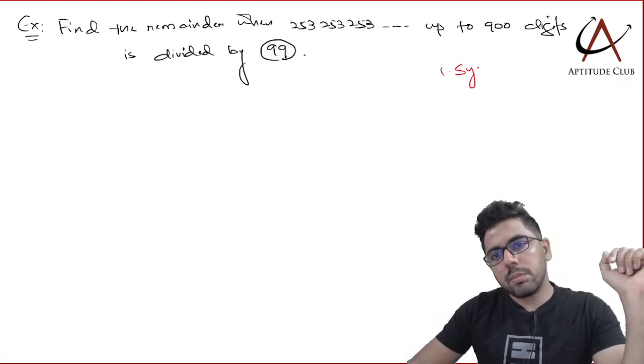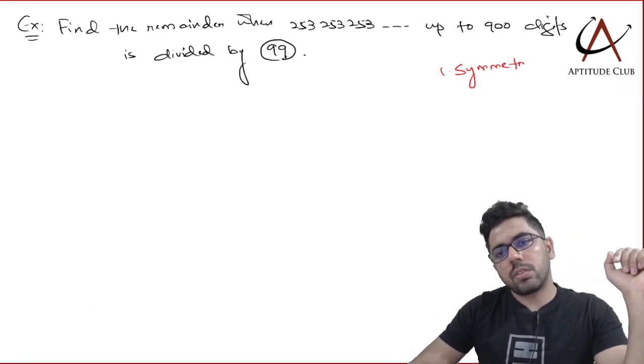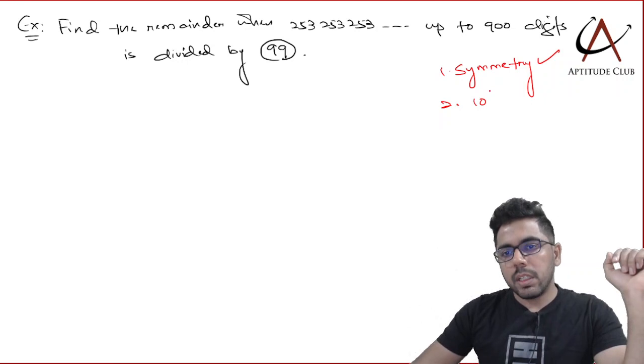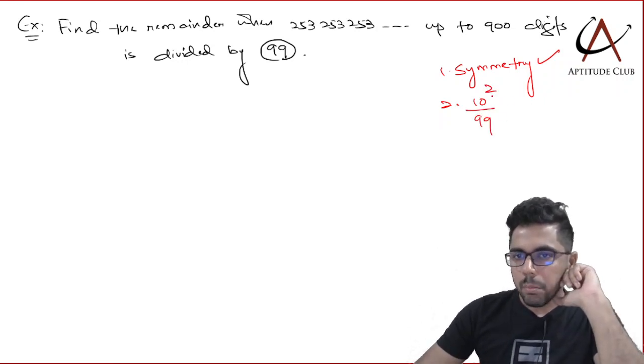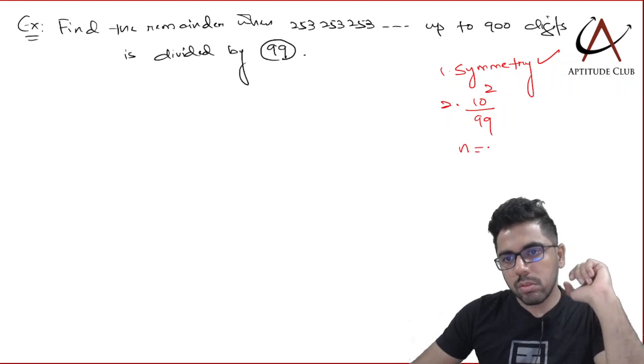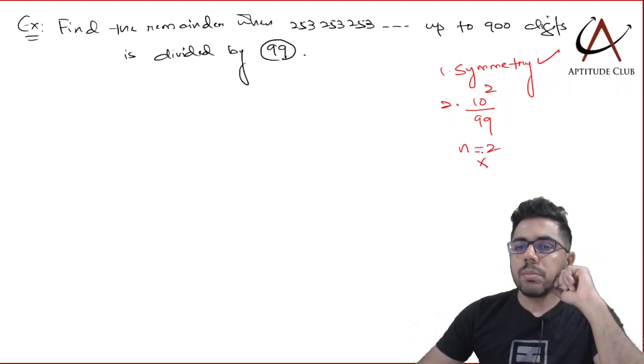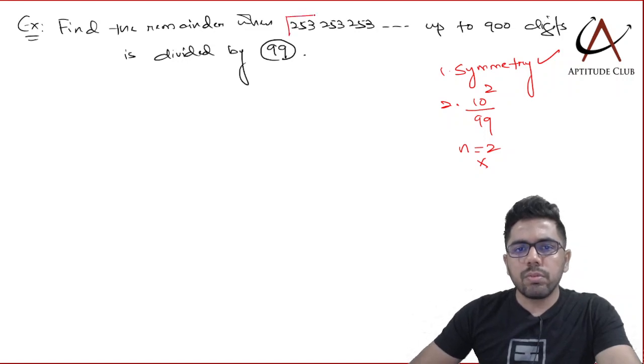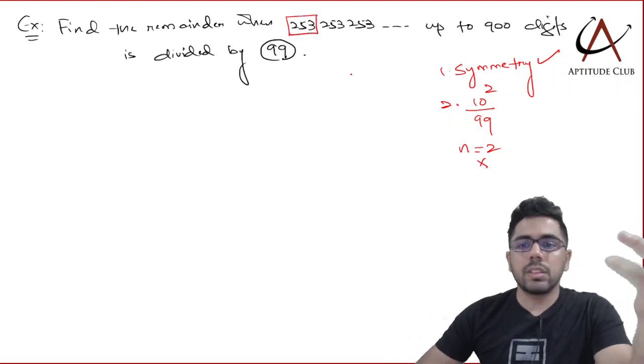So is the number symmetric? First condition of the shortcut, symmetry is maintained. But I am taking 10 to the power 2 divided by 99, remainder is 1. But n cannot be 2. n cannot be 2, because if n is 2, I need 2 digits in the repeating unit, but the repeating unit is 253, 3 digits.